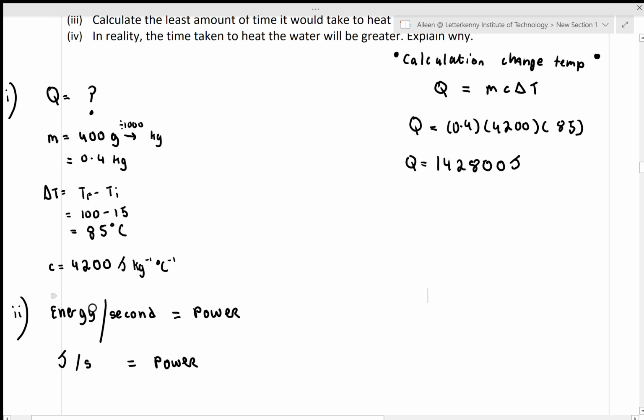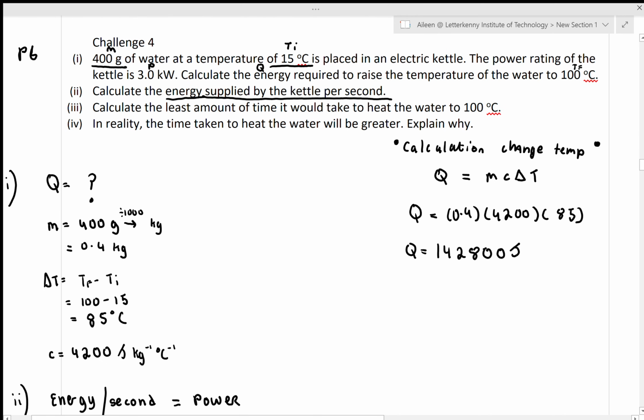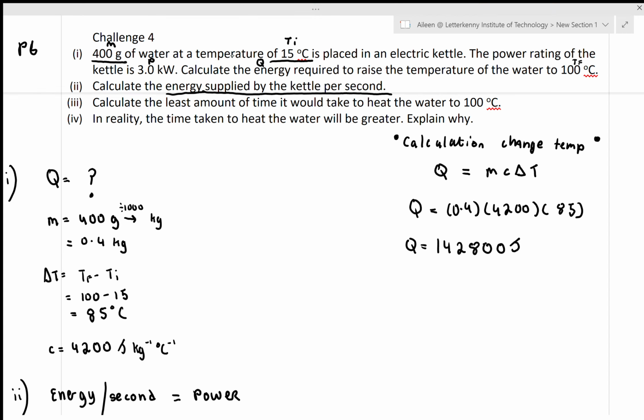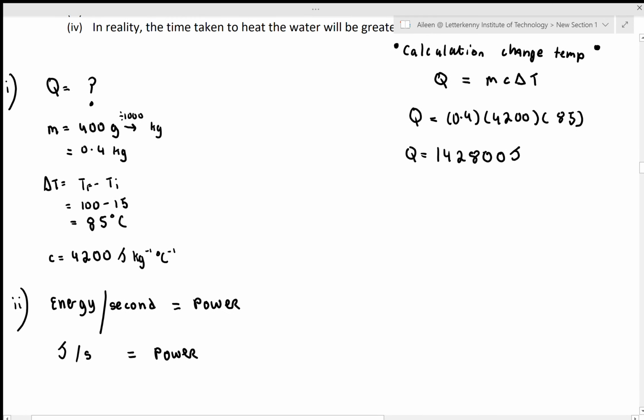Okay, so in this case, you're actually told what your power is. So we're told in the question. So it's just making sure that you remember what power is here. So we're told that the power rating is 3 kilowatts.